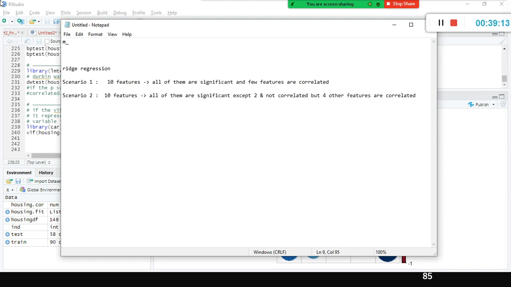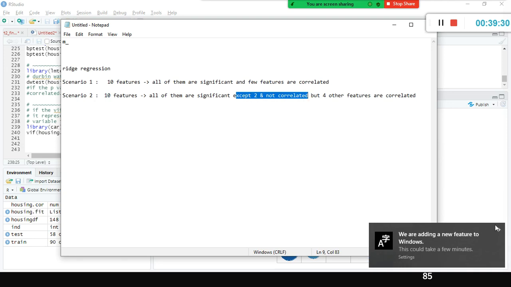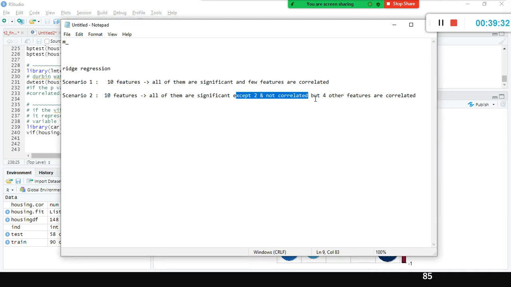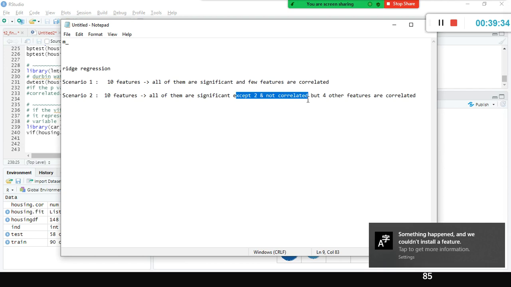That means 8 features are statistically significant. The remaining 2 features are not significant, and also not correlated. These 2 variables are not significant, but they are not at all correlated, so we don't have to worry about collinearity.